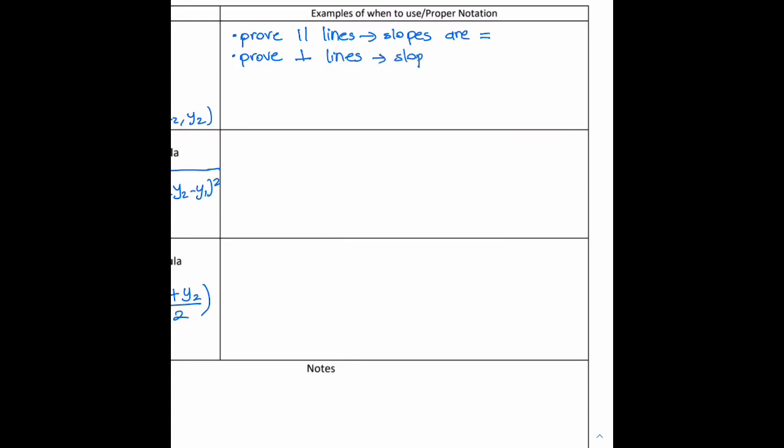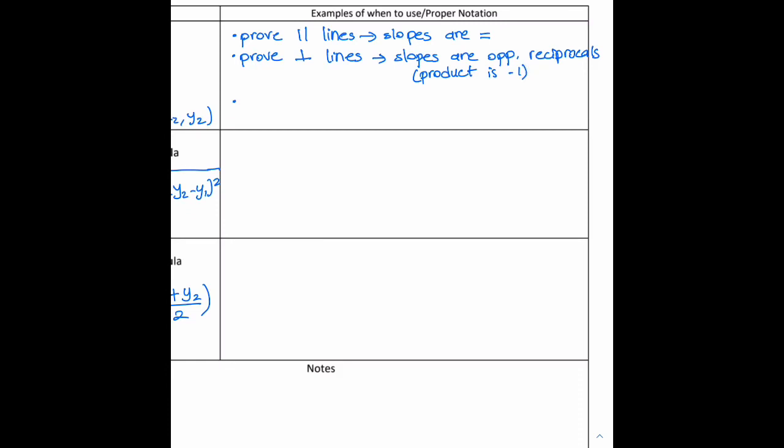Their slopes should be opposite reciprocals, which means the product is -1.